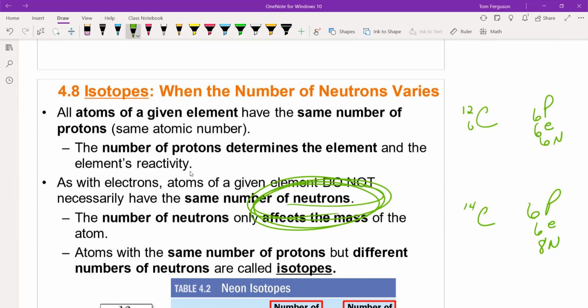We're going to put the number of protons on the bottom. On the top are protons plus neutrons. The carbon 14 has a total of 14.